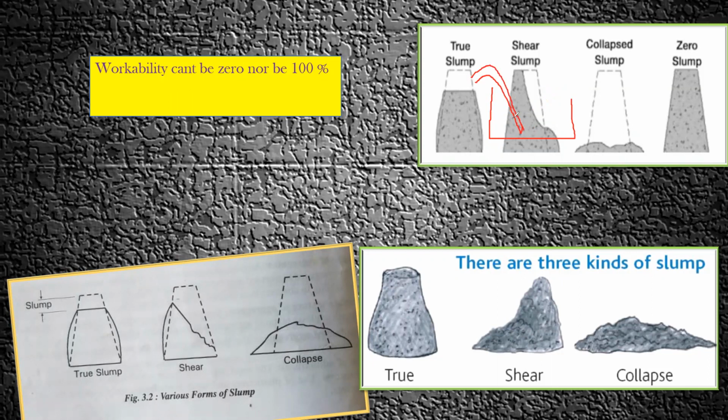okay, the concrete has certain internal work to be done, right? When I pour the concrete here, at least certain amount is going to move, right, on its own. So that means there is no zero workability. Whenever I pour the concrete, something is going to flow on its own. It has certain internal capacity to do the work. So that is why, always remember, workability cannot be zero.